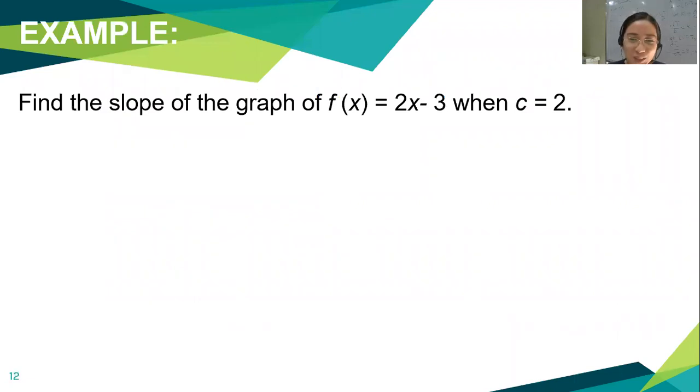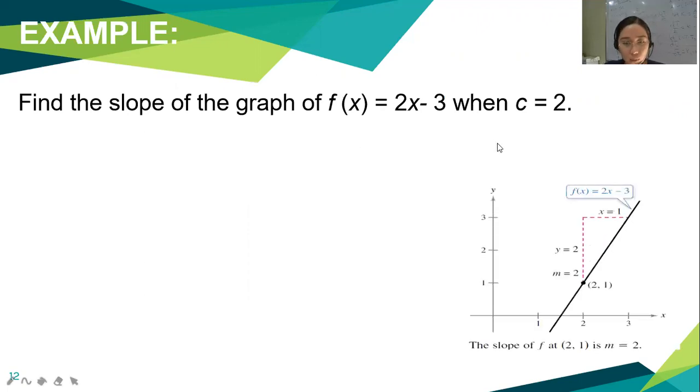So anyway, let's proceed with the example so we can better absorb these f of c plus delta x expressions. Find the slope of the graph of f of x equal to 2x minus 3 when c is equal to 2.